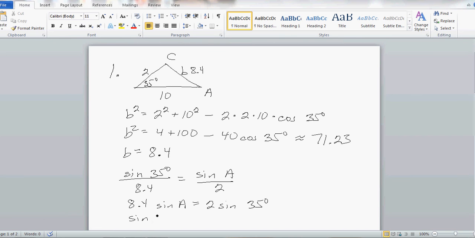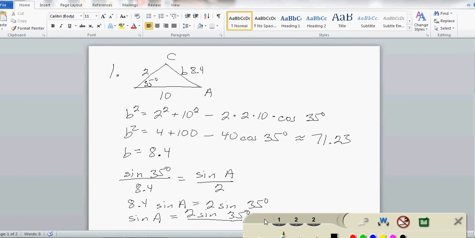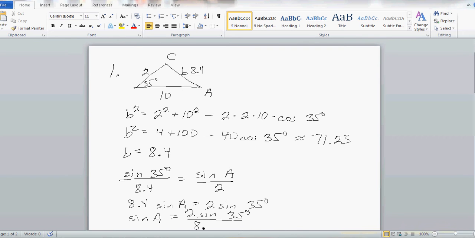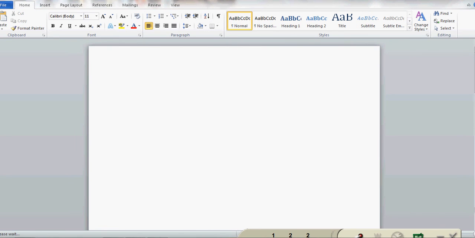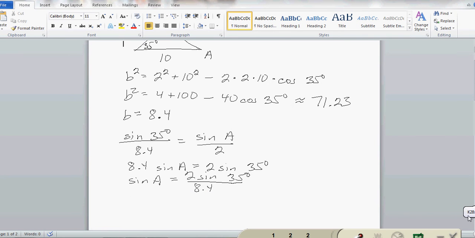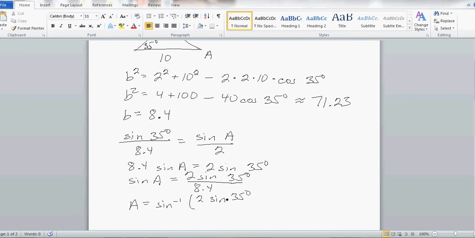Sine of A would then equal, dividing both sides by 8.4, 2 sine of 35 degrees over 8.4. And so, to find what A would equal, we just take the arc sine of both sides. So the arc sine of 2 sine of 35 degrees over 8.4, and this is an angle, so we're going to round to the nearest whole number.